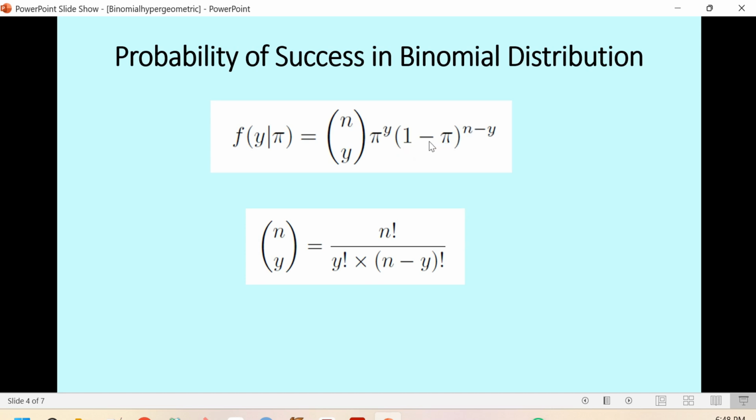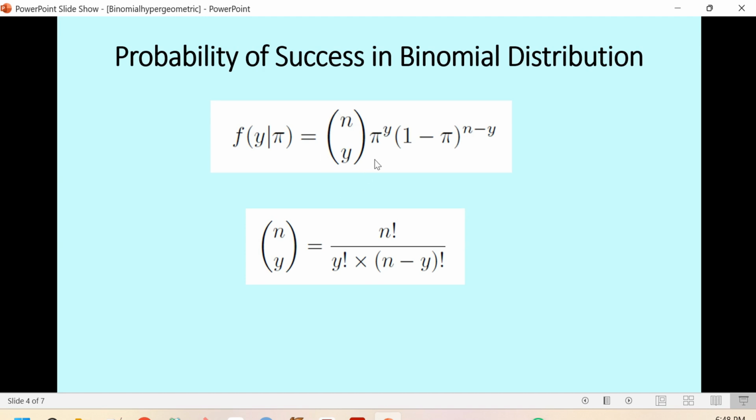For example, if pi is 0.6 and y is 3, with n equal to 5, the probability is the combination of n and y times 0.6 to the power 3, times 0.4 to the power 2, because 5 minus 3 is 2.